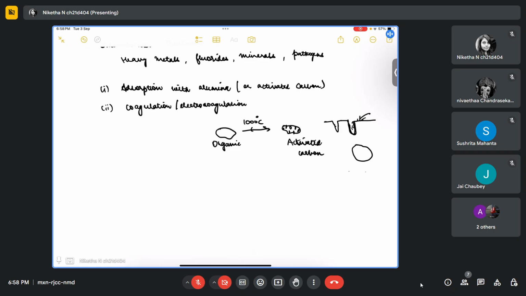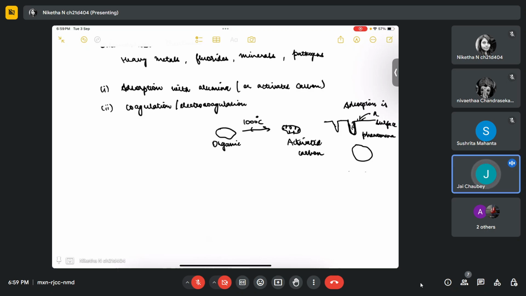It is a way of increasing the surface area of the carbon. That is why for adsorption we use activated carbon, because adsorption is a surface phenomenon. When you have something like activated carbon, your surface area is increased, so it will act as a good adsorbent. Is that clear? Yes, ma'am. Okay.